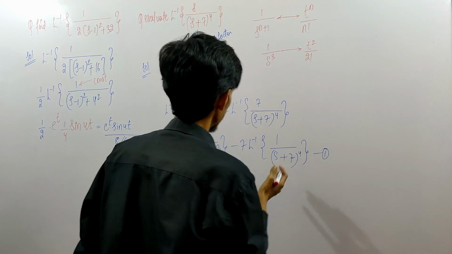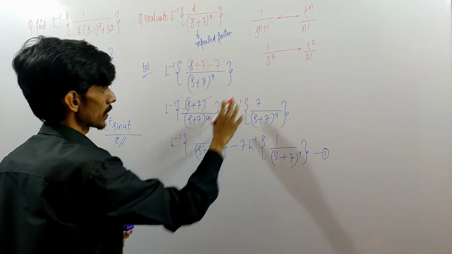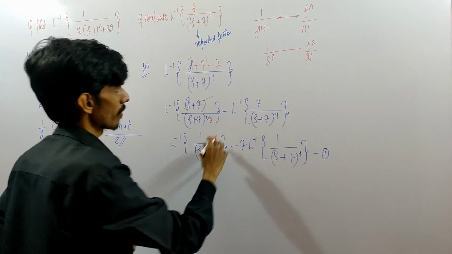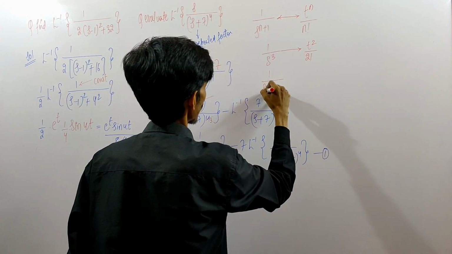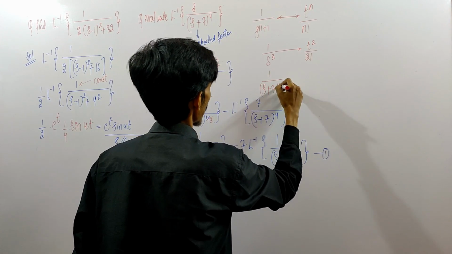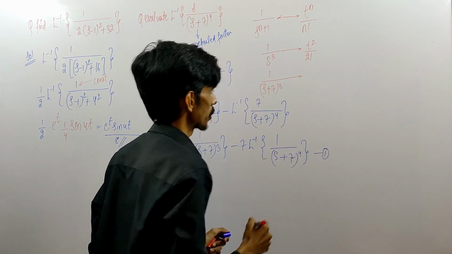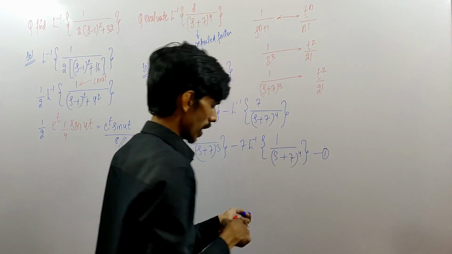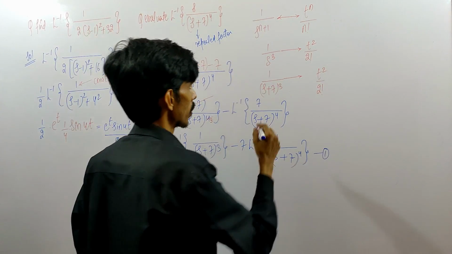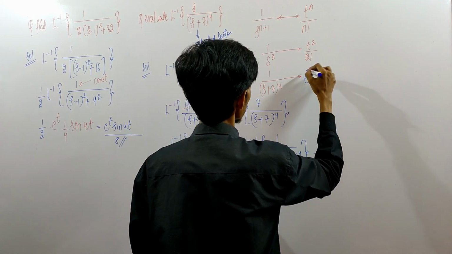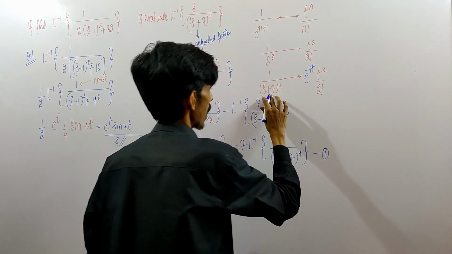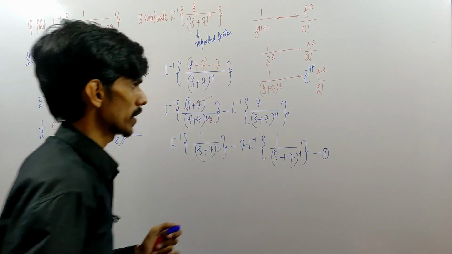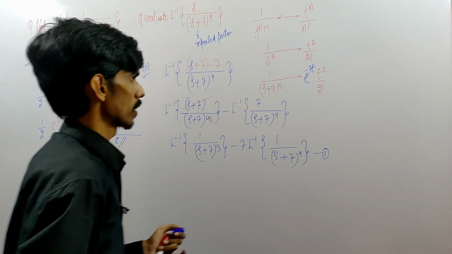Replacing this s by s plus 7, this will become (s plus 7) whole power of 3. Then we will get the exponential term t square by 2 as it is, into the exponential term due to this replacement, e power of minus 7t.